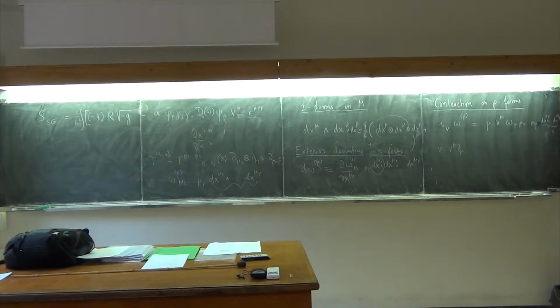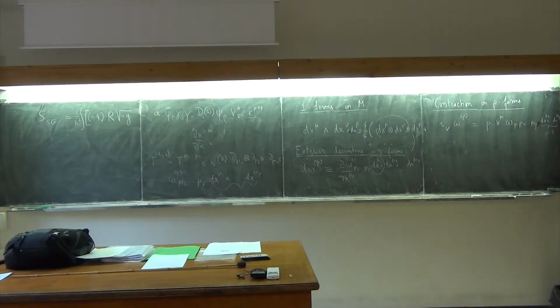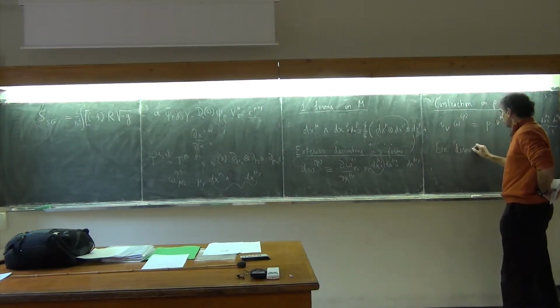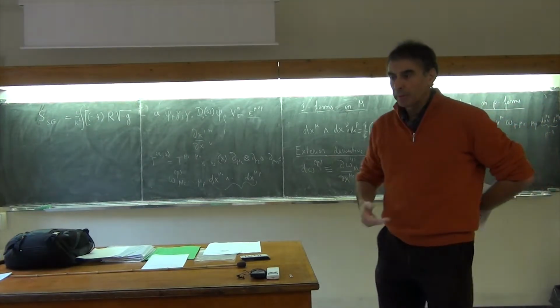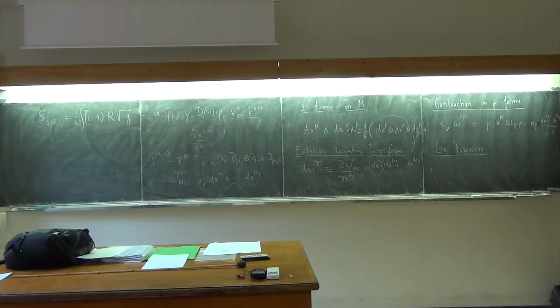Then you may wonder whether I can combine exterior derivative and contraction to construct an object that acts on p forms and leaves p forms in p forms. This object is called the Lie derivative, and it will be rather important because it will be the technical tool we'll use to express transformation rules in supergravity theories when they are interpreted as diffeomorphisms, because the Lie derivative is what is really generating diffeomorphisms.